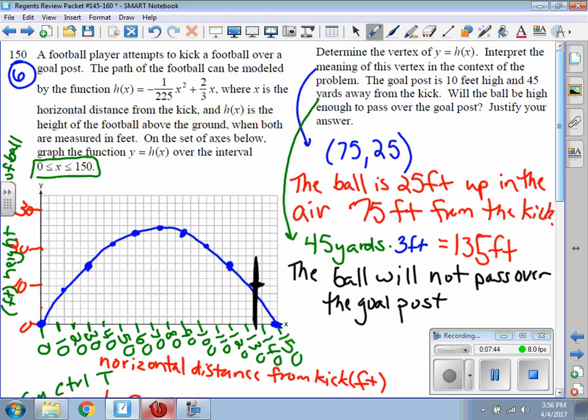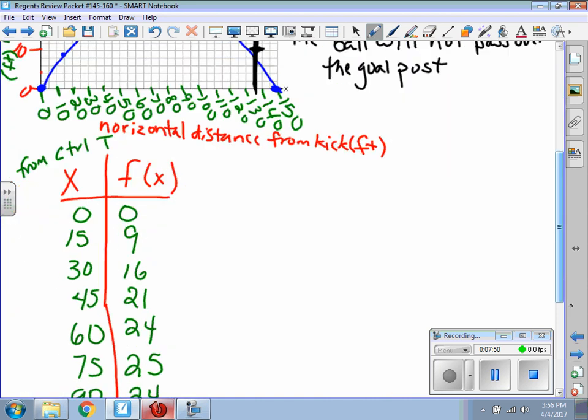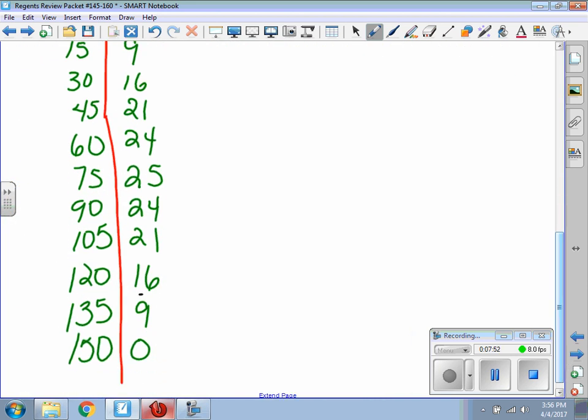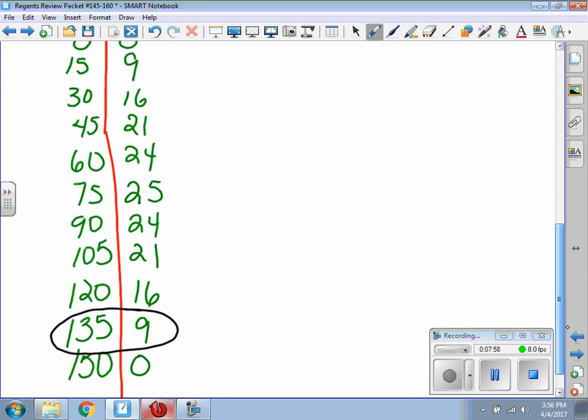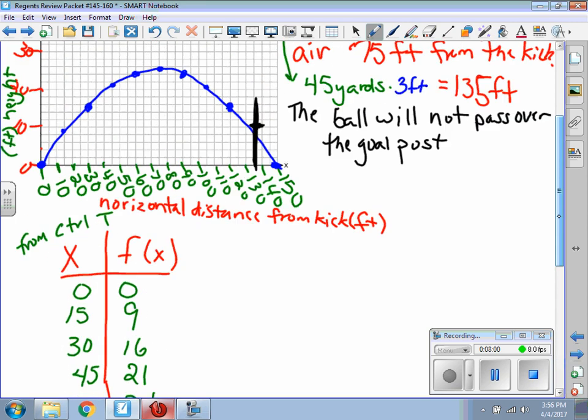Well, how high is the ball at 135 yards? According to the table, I'll scroll down, at 135 feet, the ball is 9 feet high. If the goal is 10 feet high, it can't go over it.